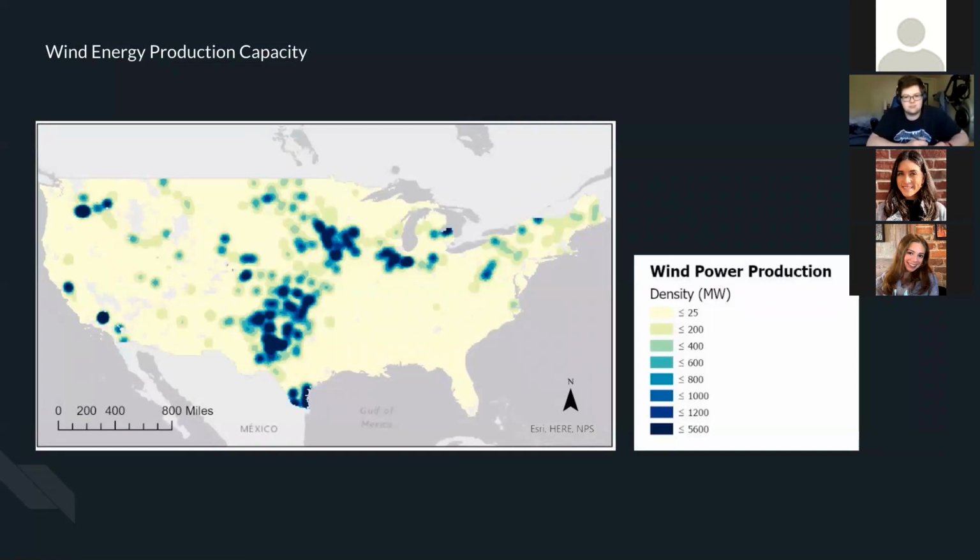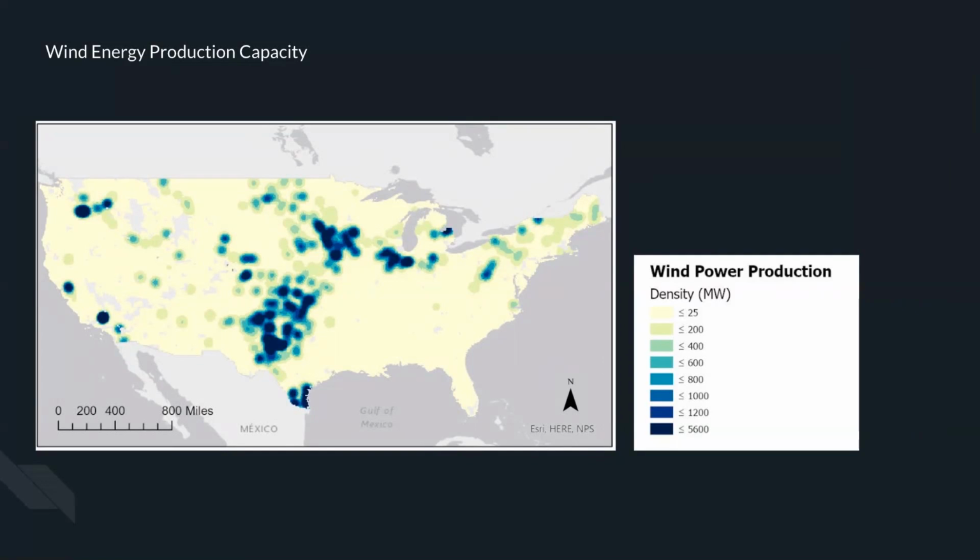This area has significantly higher wind speeds than the national average, with many central states having an average annual wind speed of around 9 meters per second, and the rest of the US having an average of about 6 meters per second. This creates higher potential for wind-powered energy in the Plains region.